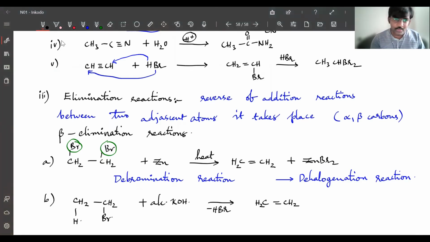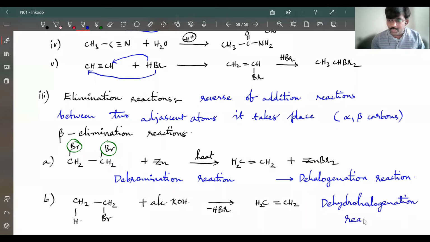That's why this particular reaction we call dehydrohalogenation, because I removed hydrogen halide from the compound. HBr, so dehydrobromination you can say. We removed hydrogen halide from the compound, that's why we call it a dehydrohalogenation reaction.